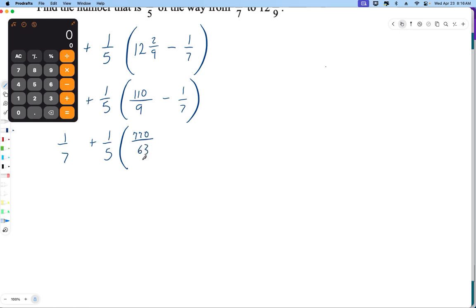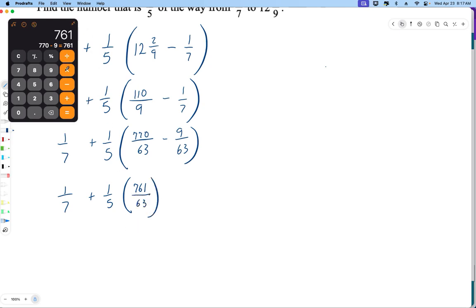Oh, I didn't even need my calculator at all. 9 times 1 is 9 over 63. I might need it now. 770 minus 9, probably not. 761. So 1 over 7 plus 1/5 of 761 over 63.